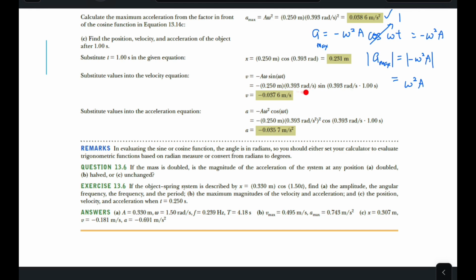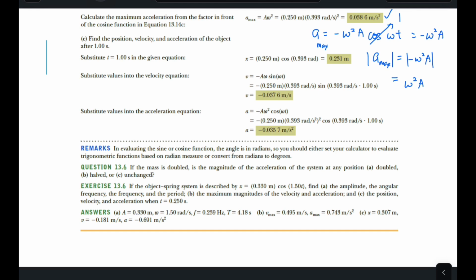Then you calculate. This one also you have to convert into degrees. Or it will be easier for you to change the mode of your calculator. The mode of your calculator must be in radian mode. Then you can straight away substitute all the values here, then you get this answer. Please be careful for this part.